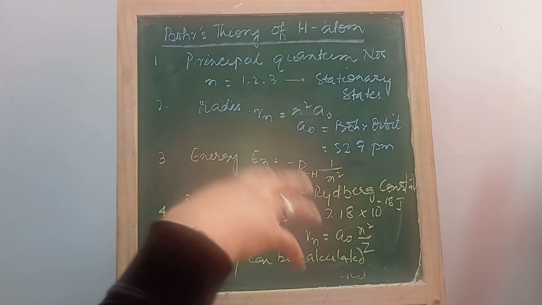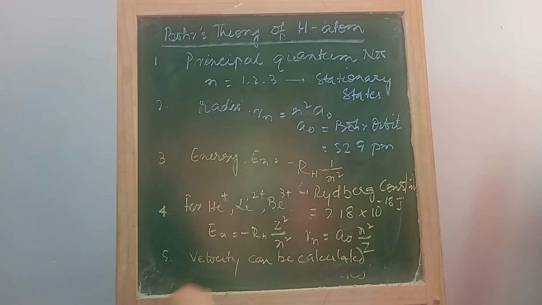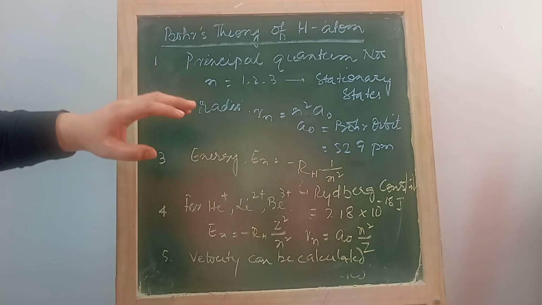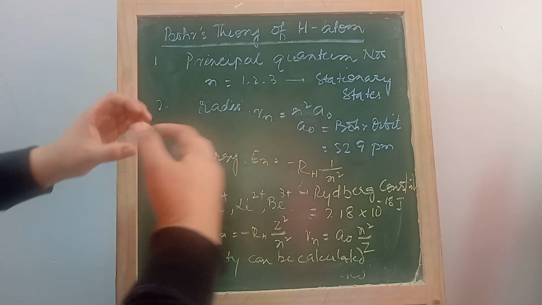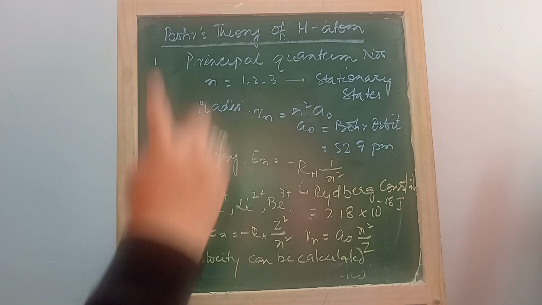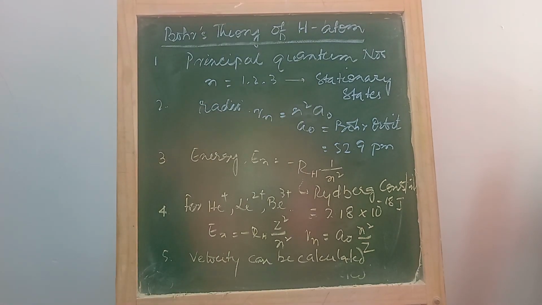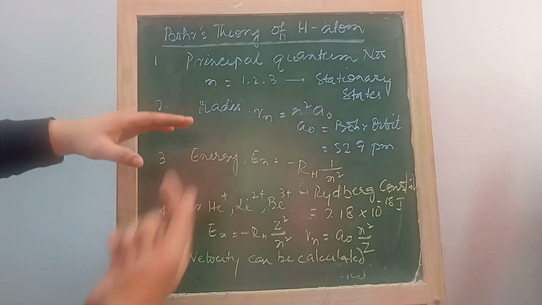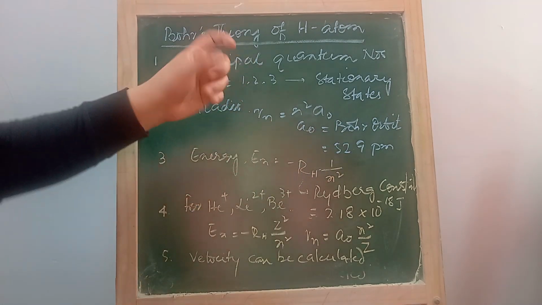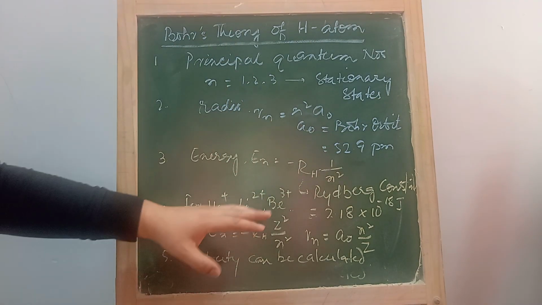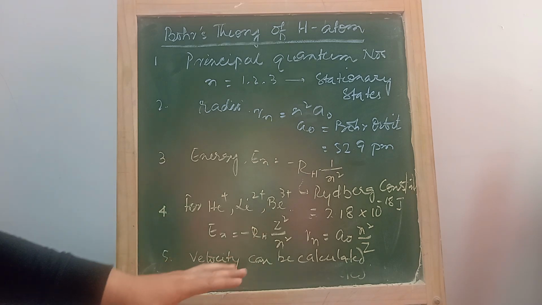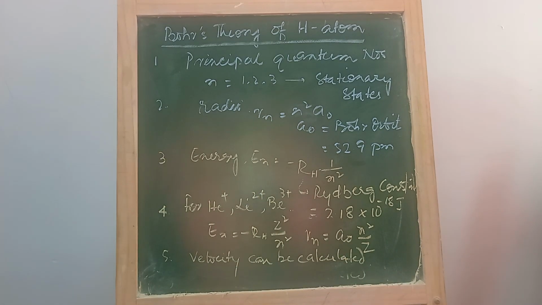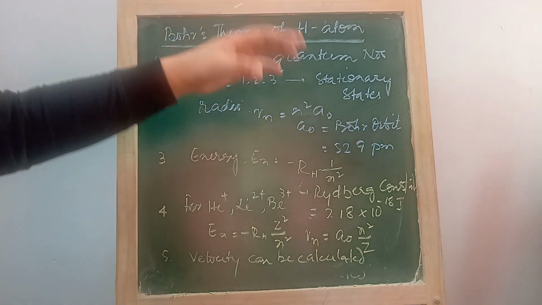The velocity of the electron can be calculated, although how it is calculated is not given here. So Bohr was able to find the stationary states of the electron, the radii in which it will be revolving, the energy that will be possessed by the electron, and of similar species. He was also able to calculate the velocity of the electrons. This is Bohr's theory of the hydrogen atom.